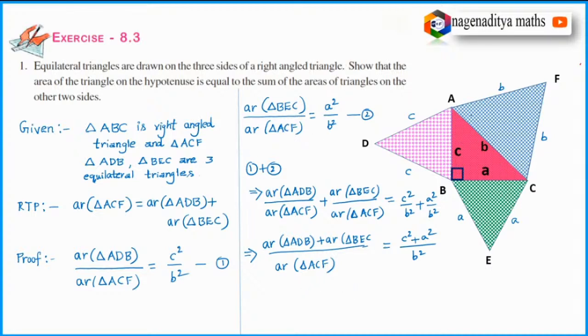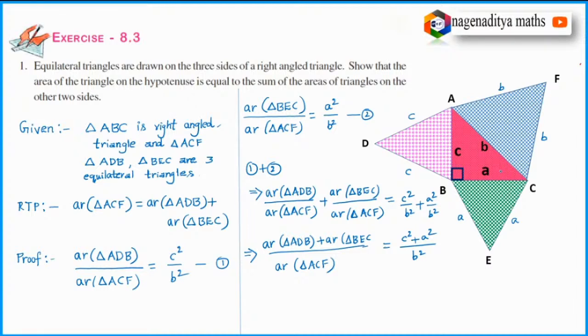But triangle ABC is a right angle triangle. Triangle ABC is a right angle triangle. That is why we know that in a right angle triangle, the square of hypotenuse is equal to the sum of squares of the remaining two sides. We already did some problems in 9th class using this particular property, which is known as Pythagoras theorem.